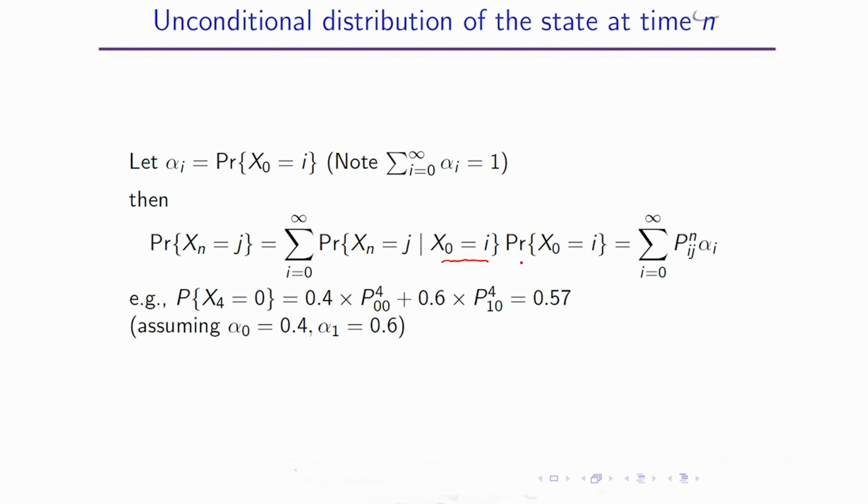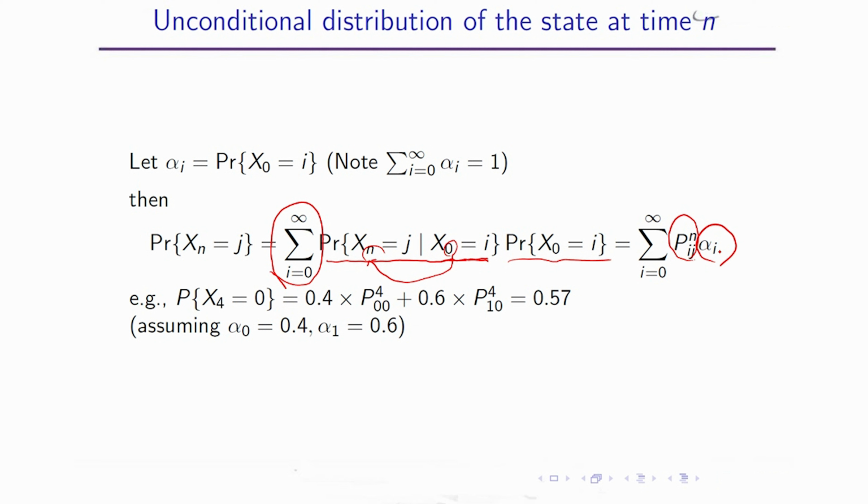Based on the notation, this conditional probability is called P_ij^n, the probability after n steps, from 0 to n. So it is P_ij^n times alpha_i.